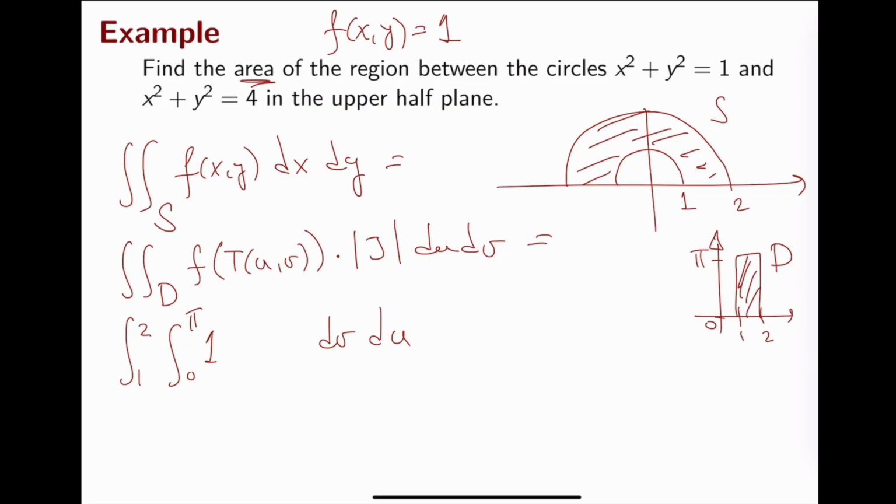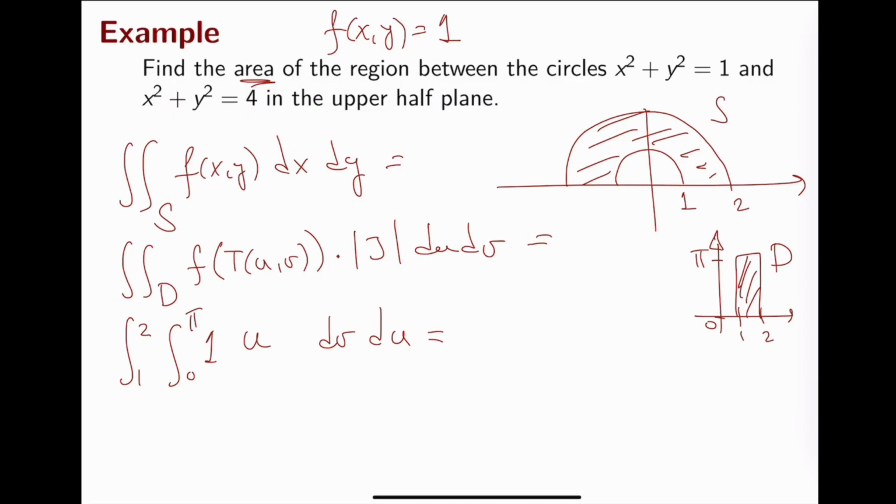So we are going to put here the function 1, and evaluated here doesn't make any difference because the function is constant. And multiply by the Jacobian. So in this case, we have calculated before, and that will be just u. The absolute value of u is still u, since we are here in positive values.